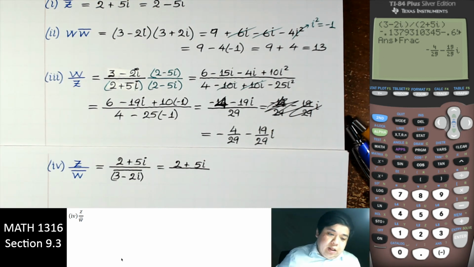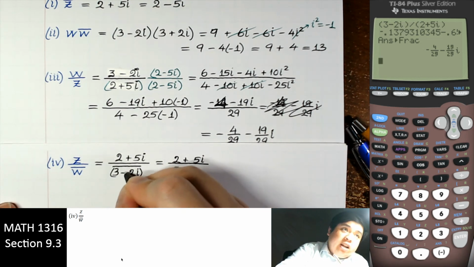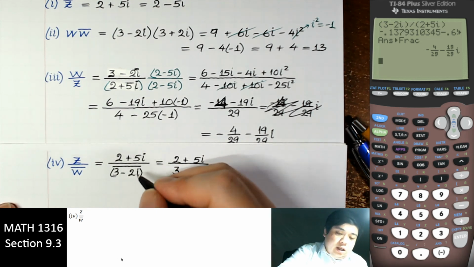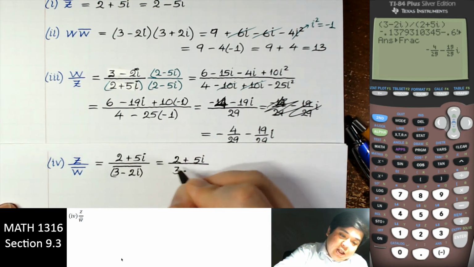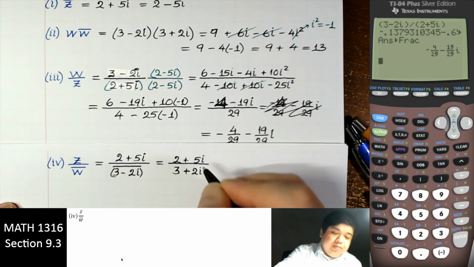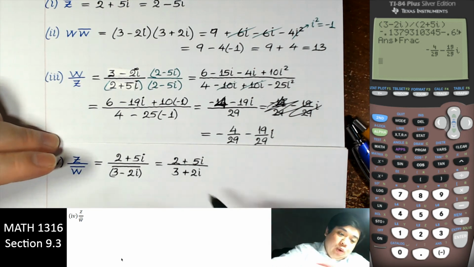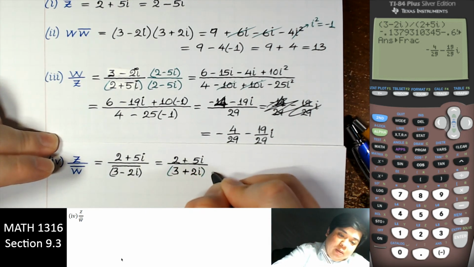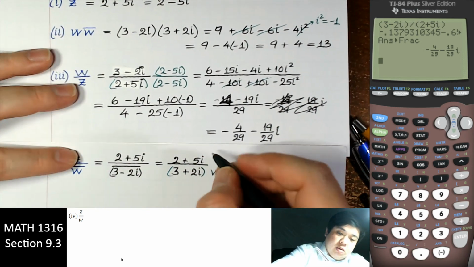So the conjugate turns the imaginary part to the opposite. This is negative i, turn into positive. Negative 2 to positive 2. Right. And when we divide, we just need to multiply by the conjugate.